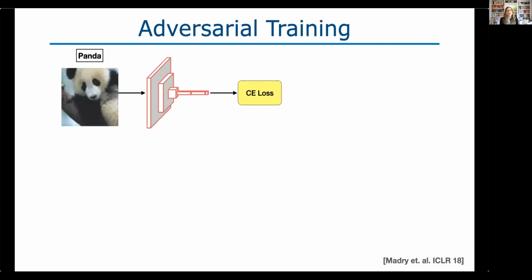So what we did, and this is work that's actually going to be presented at this workshop by Yogesh Balaji, who's a student from UMD, was we tried to think about whether there's a way in which we could induce robustness when necessary.